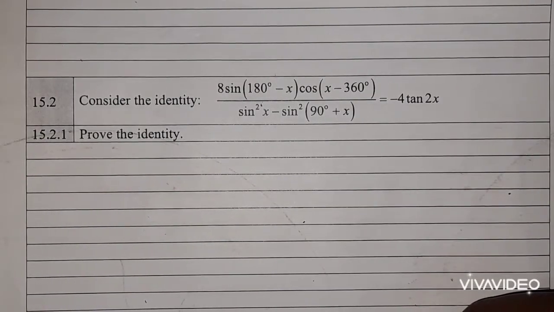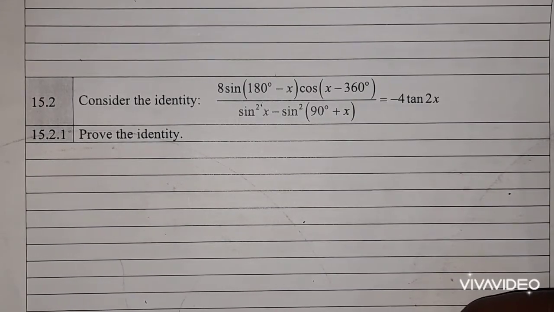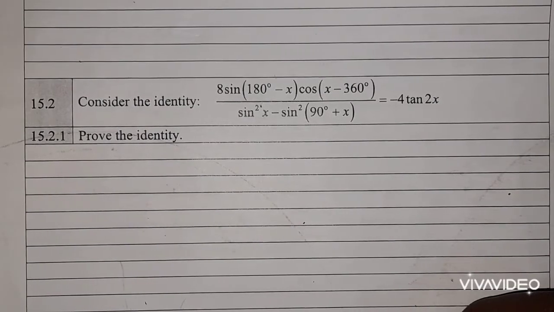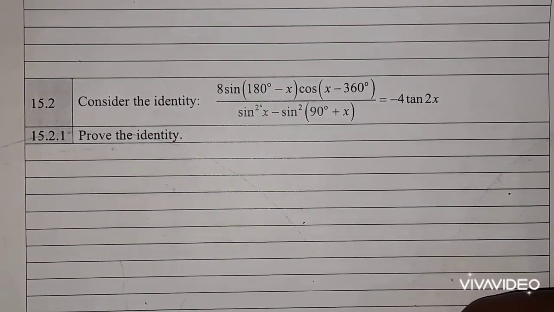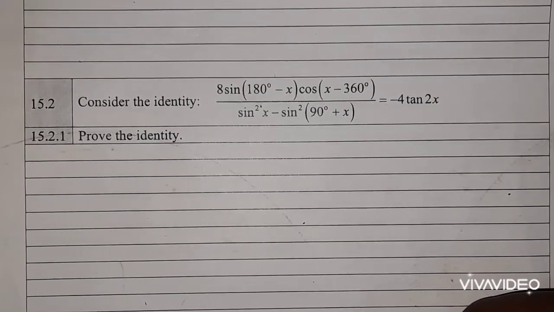This is an identity. Remember, when you are dealing with identities, you need to simplify one of the two sides until it is equal to the other side, or you have to simplify both sides sometimes.